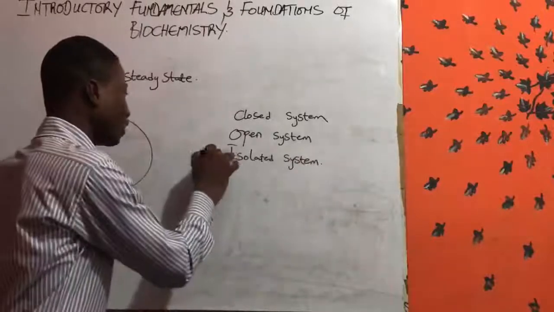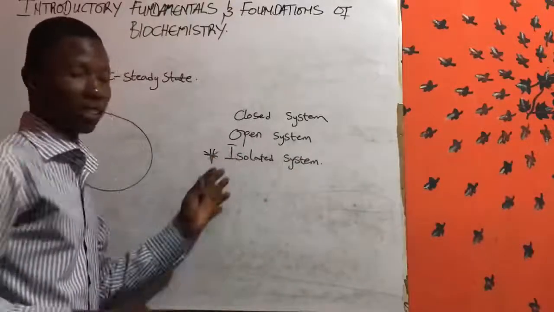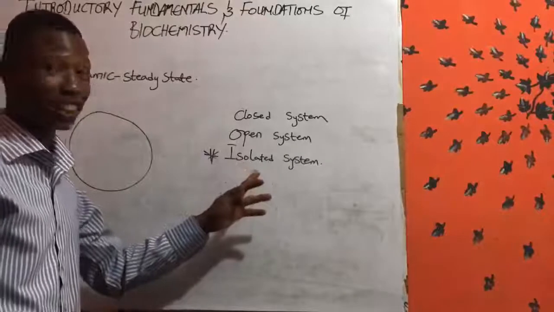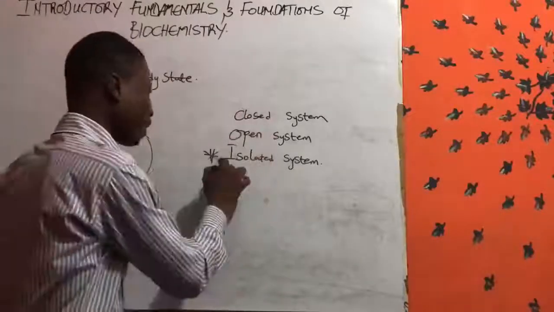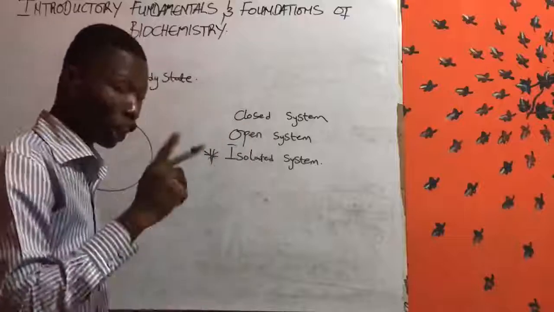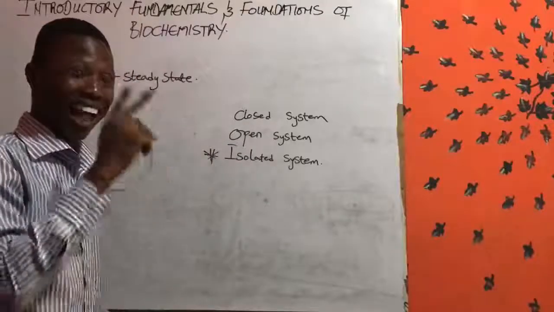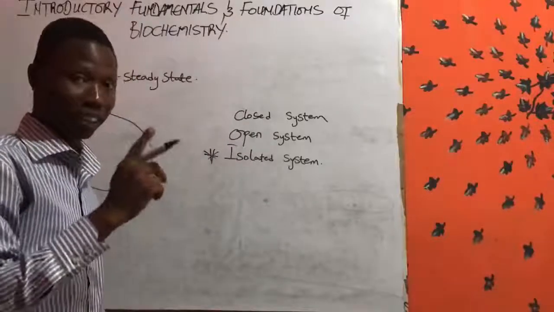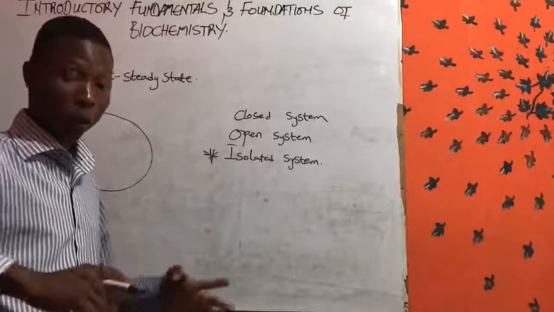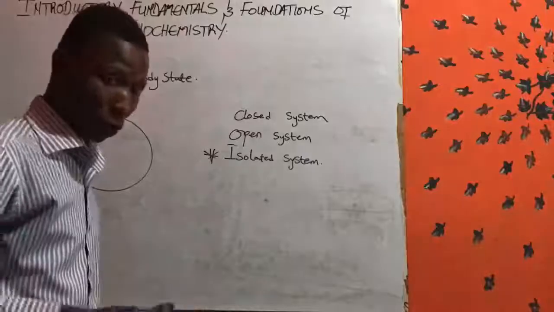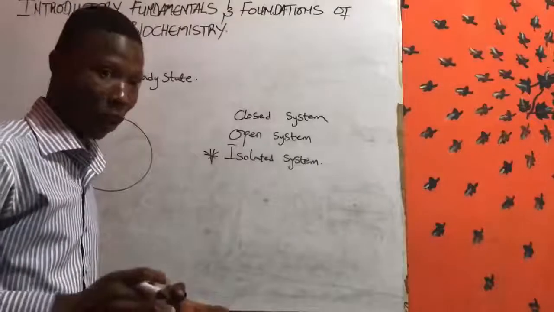Now, an isolated system is one that does not exchange both energy and matter with its environment. The system is just on its own. It is well secluded from its environment. There's no transfer of energy.